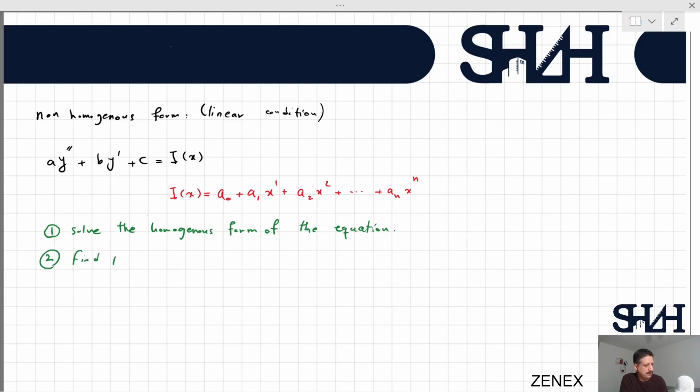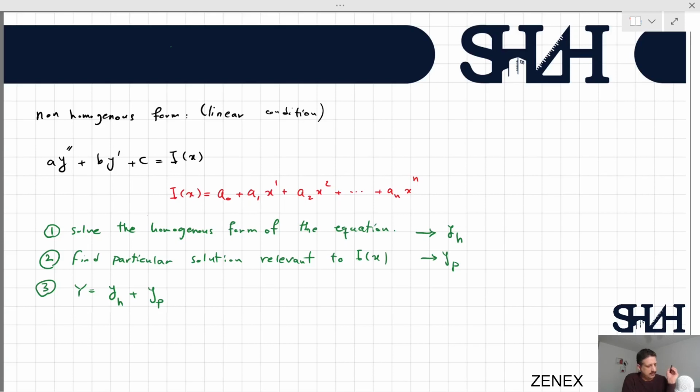Second, find the particular solution relevant to I(x). Third, this is called y homogeneous and this is y particular. The solution will be the homogeneous solution plus the particular solution.